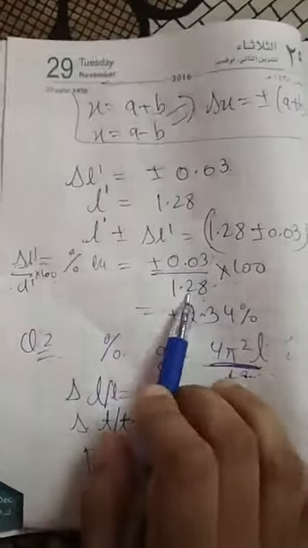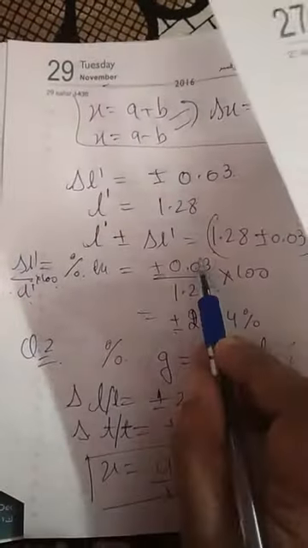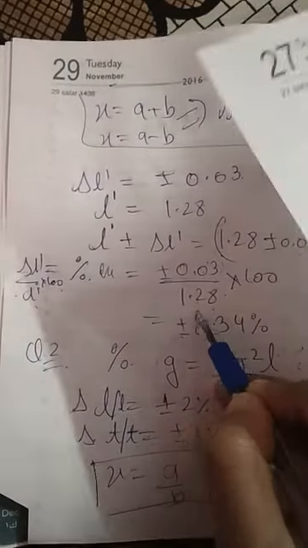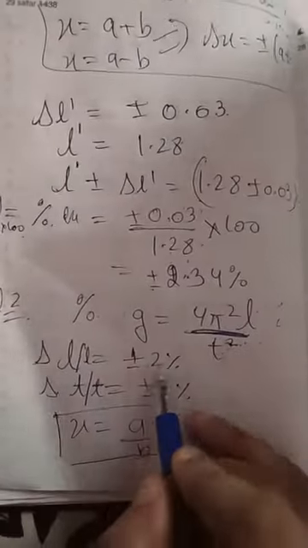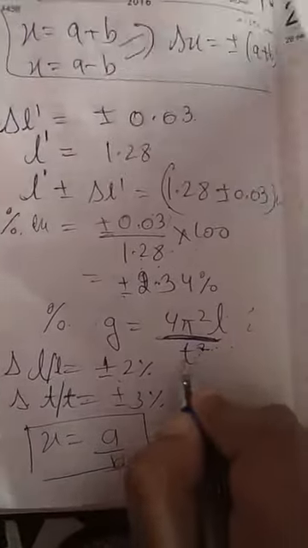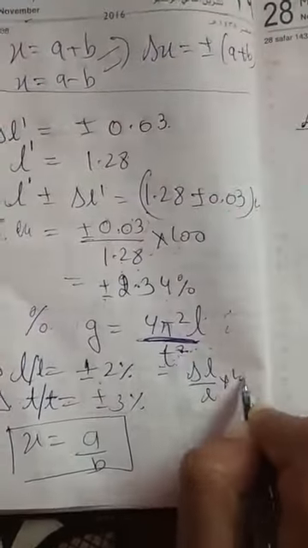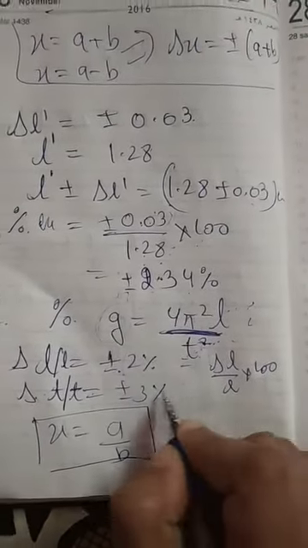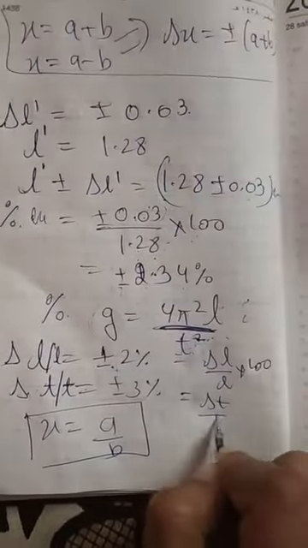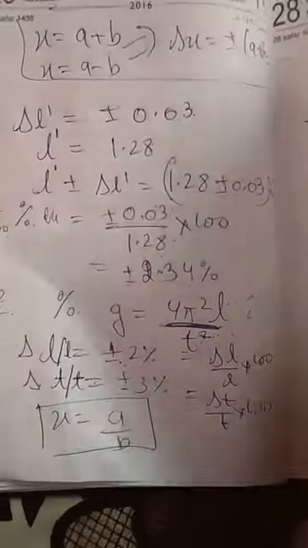Similarly, how do we write the percentage? Delta L over L into 100, they have given it as 2%. Can I write delta T over T into 100 as 3%?